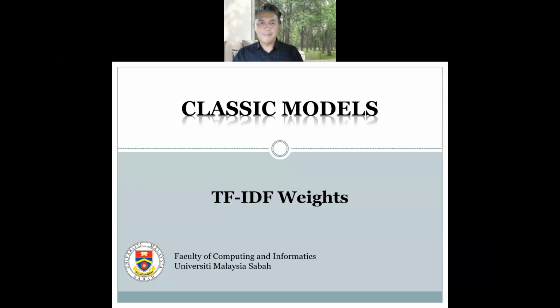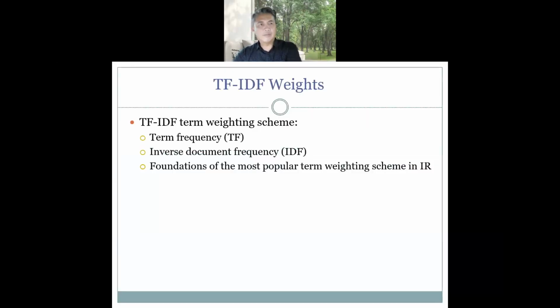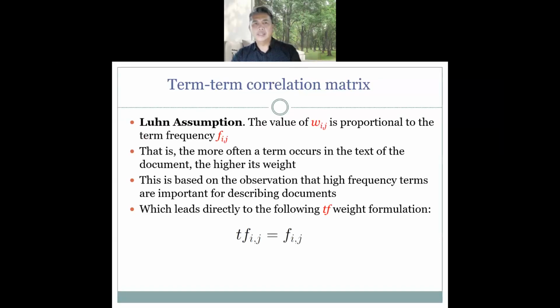So we make their weight to be 0. Okay. Let's start with the first one, TF, term frequency. So the term frequency here is referring to the frequency of occurrence of the term.